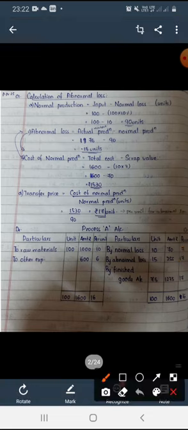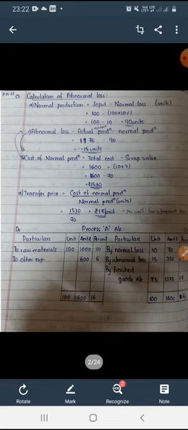Normal production is over. Next we have to calculate the cost of normal production, but first, abnormal loss. What is the formula? Abnormal loss or gain is equal to actual production minus normal production.